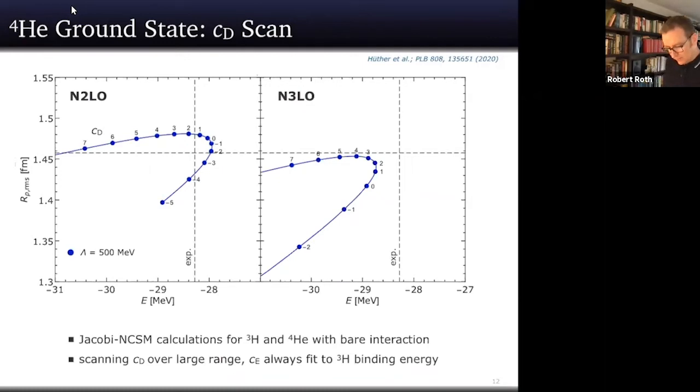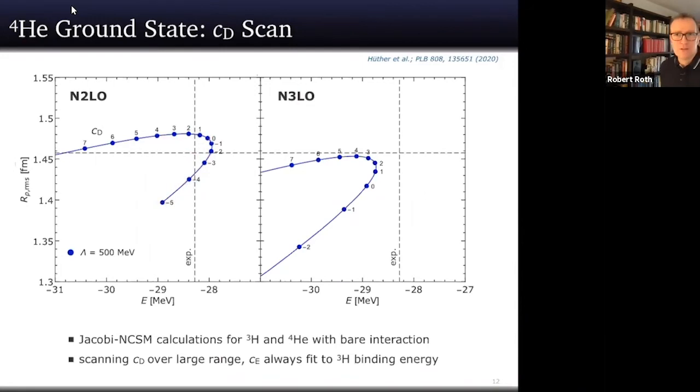And they are very systematic in this parabolic shape. These dashed lines mark the experimental data point for energy and radius of helium-4. So you see, you're describing a trajectory in this plane, which passes by this experimental point.